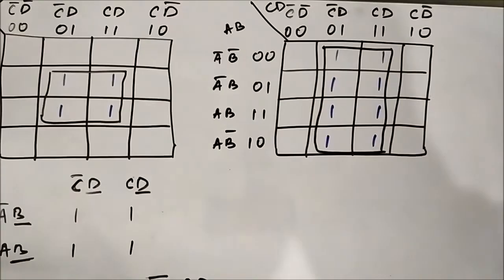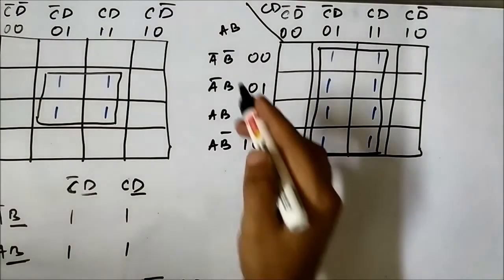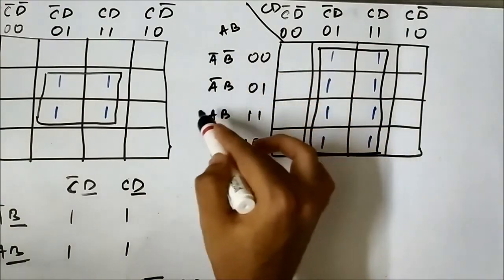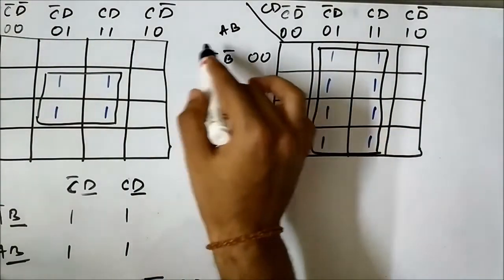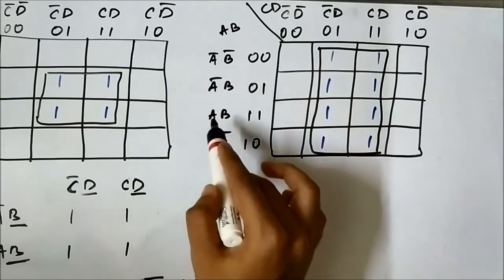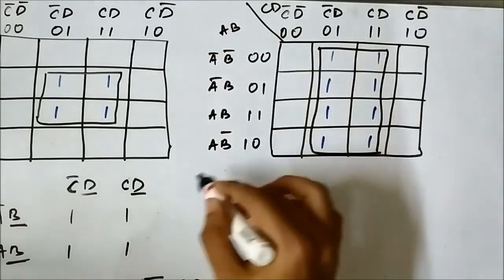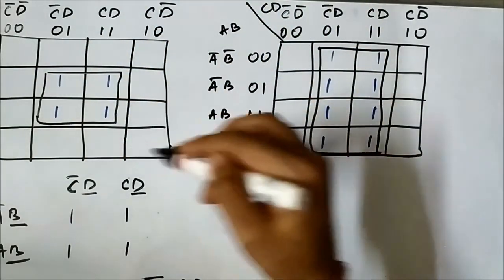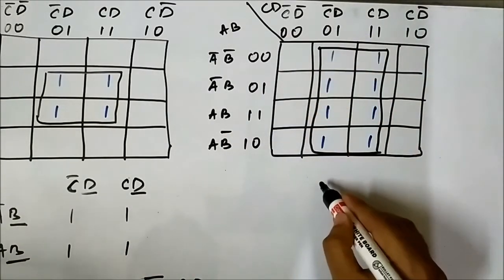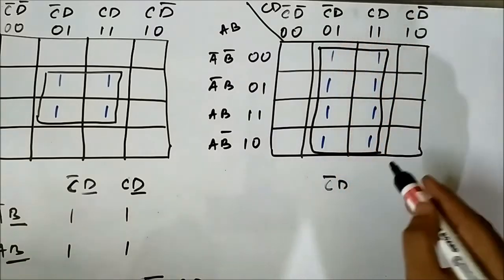In this K-map, directly by looking at it, you can see that there is nothing common in terms of the horizontal components. See, it is changing throughout: A bar B bar, A bar B, A B, A B bar. So nothing is common in terms of the horizontal components of the cells. But in vertical, there is C bar D and CD.